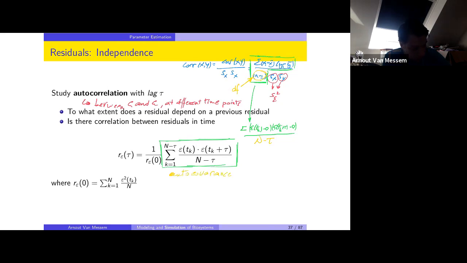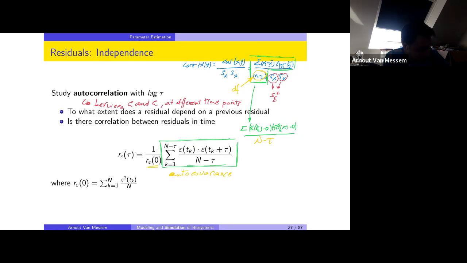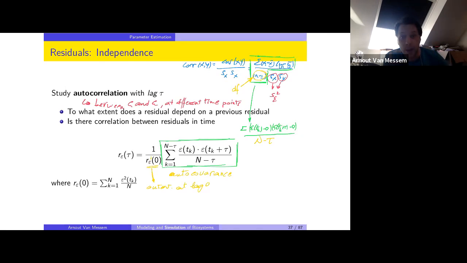Very similar to autocorrelation. What I noted is that this R epsilon should better have been given another name, because it's a bit confusing. This is not the autocorrelation at lag 0, but the autocovariance at lag 0. It would have been better to call it R prime epsilon.